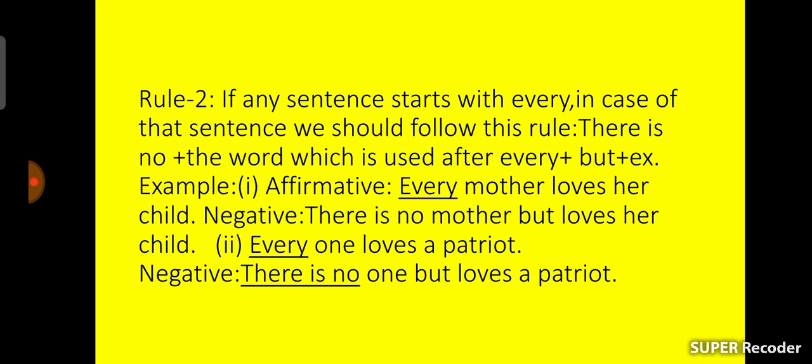Here we find every at the beginning of the sentence, so we should use there is no instead of every. Then we should use the word which is used after every. Here mother, there is no mother. Then we should use but, then extension of the sentence. So the sentence will be: There is no mother but loves her child.